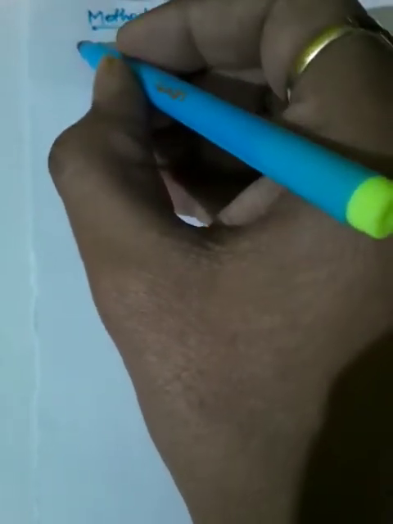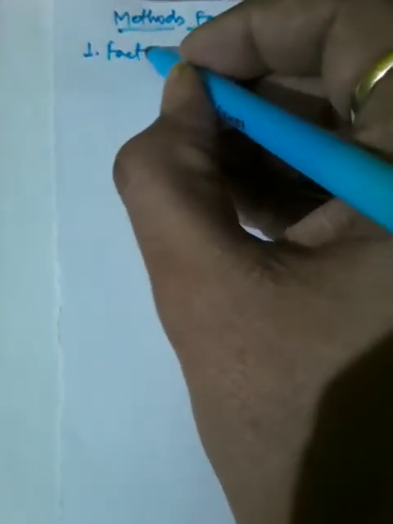Basically, when we talk about methods, there are three methods. First is known as factorization method. Second is known as rationalization method.